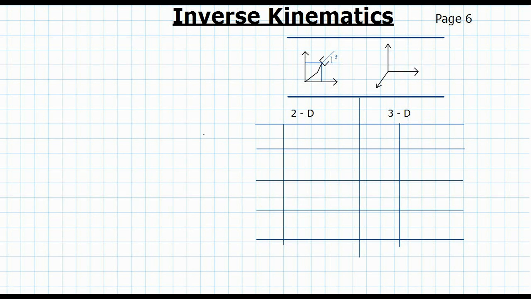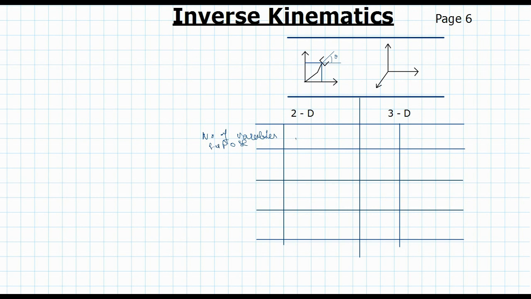So how many variables does it take to fully specify the position and orientation of a body in space? We can write: number of variables for pose. Pose means position plus orientation.